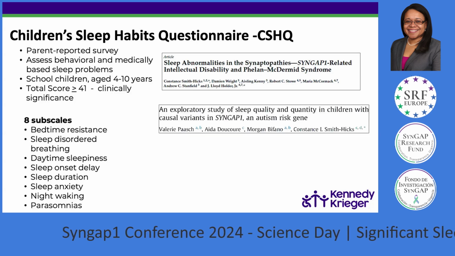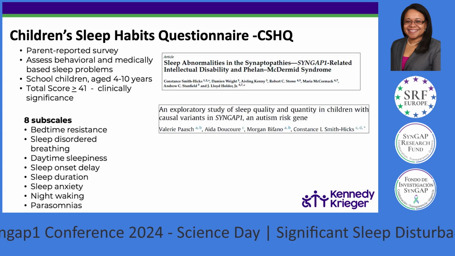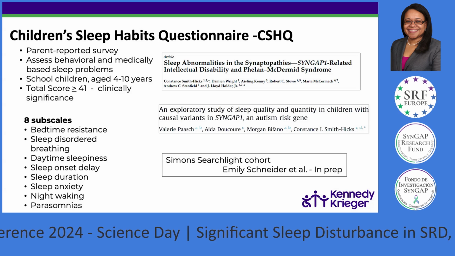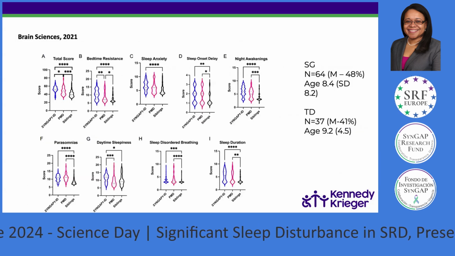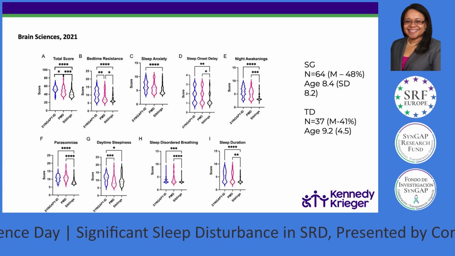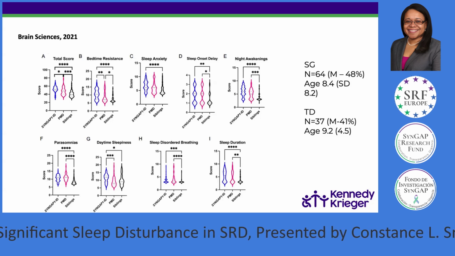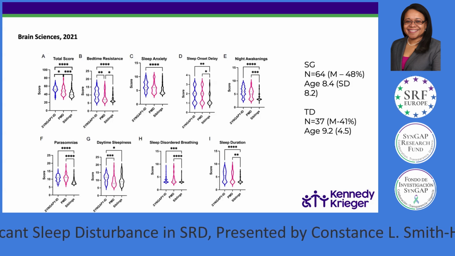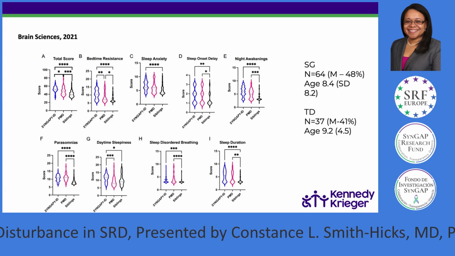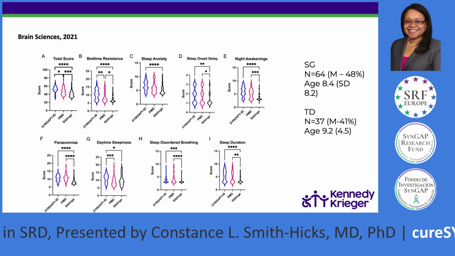The work that I'll be sharing is the earlier papers that our group published, in addition to some of the work that I'm going to share now, which is from the Simons Searchlight cohort. So in our 2021 Brain Sciences paper, we show that total sleep and all subscale scores were higher in individuals with Syngap 1, indicating that sleep problems were worse in that group as compared to typically developing siblings.